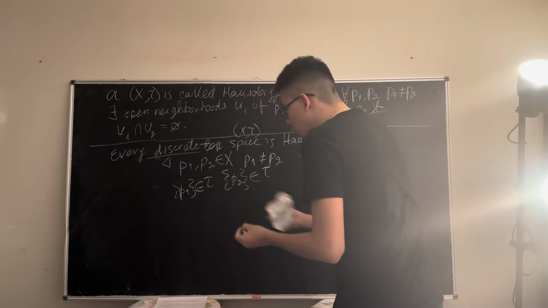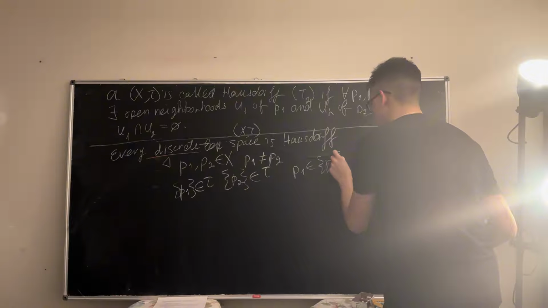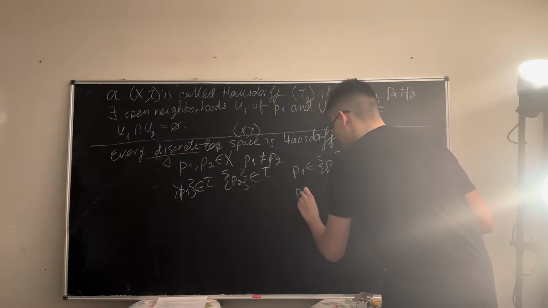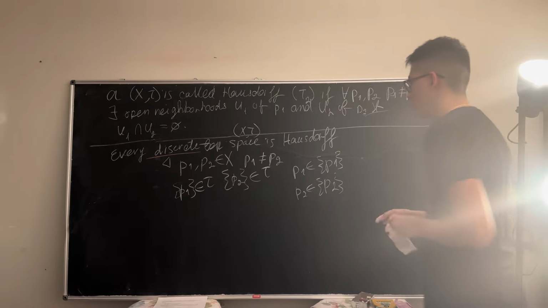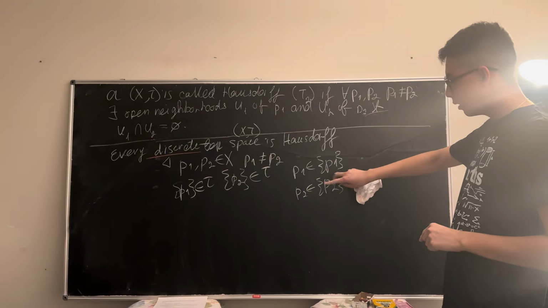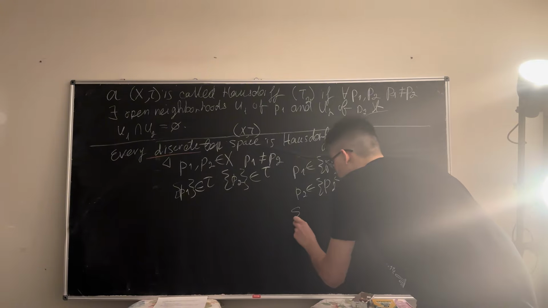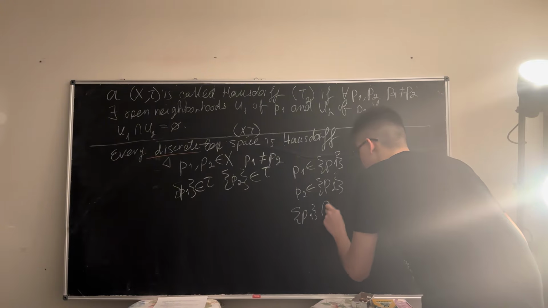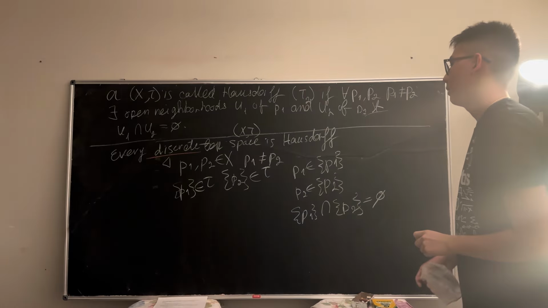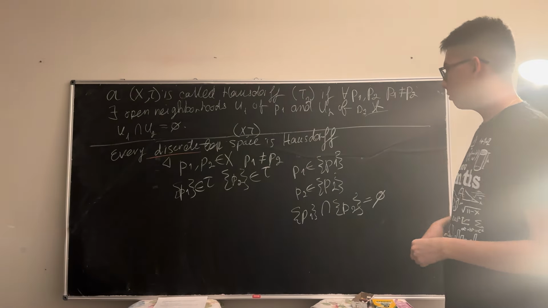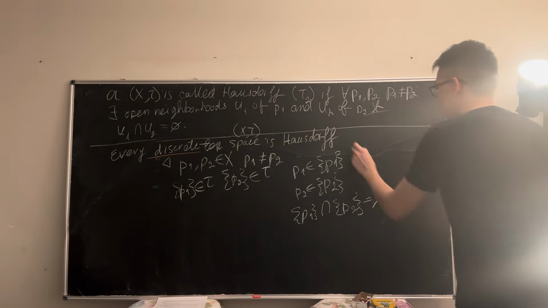Now, P1 is obviously contained in the singleton set {P1}, and P2 is obviously contained in the singleton set {P2}. And since these two points are distinct, these two sets are disjoint. And since P1 and P2 are arbitrary, every discrete topological space is Hausdorff.